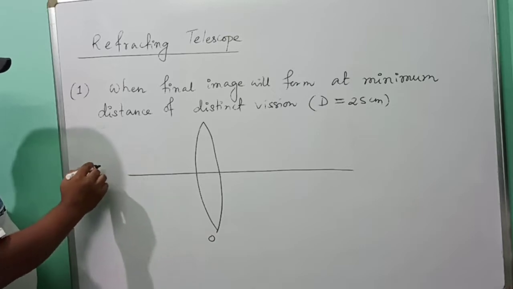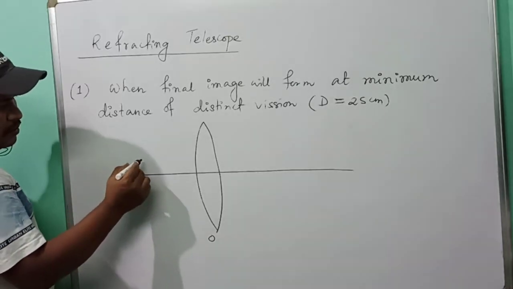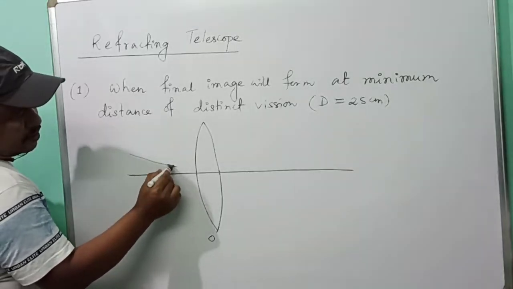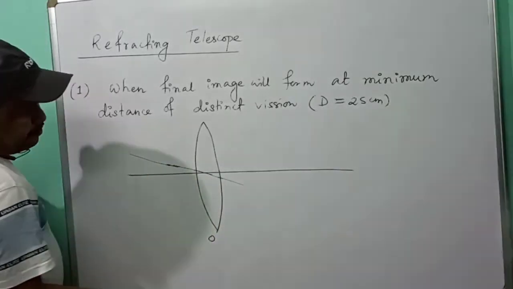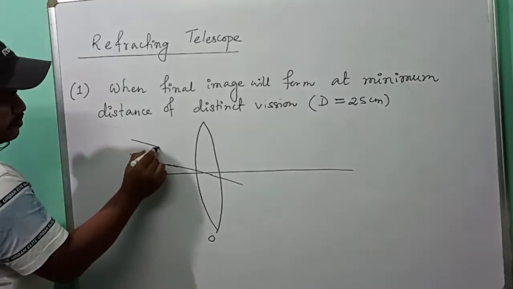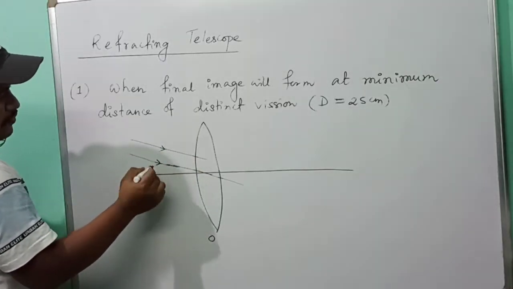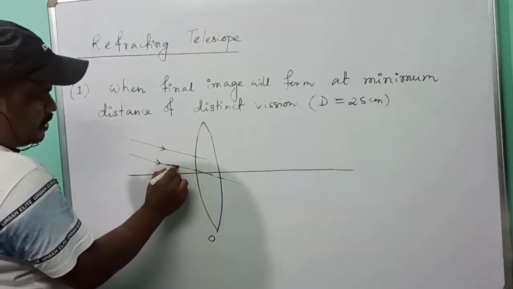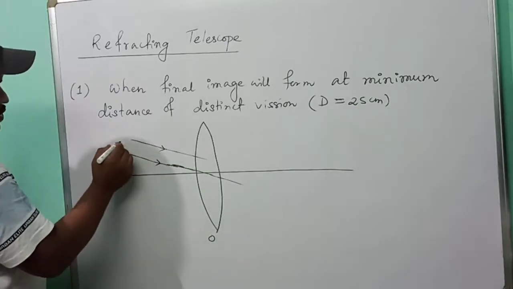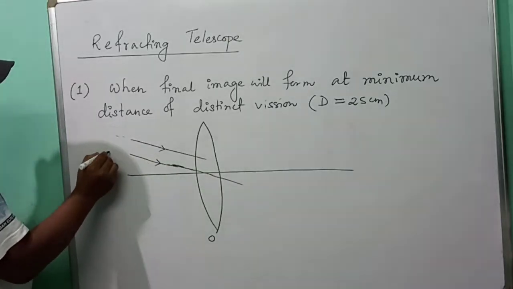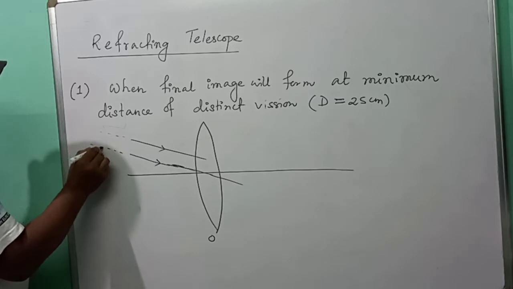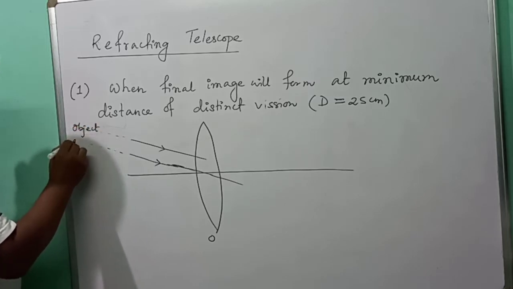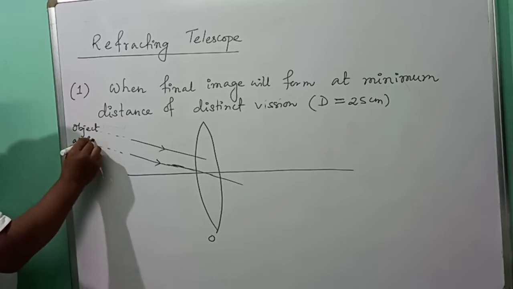So for that object, consider rays of light which form a parallel beam, like this. Here we are considering one incident ray coming from a distant object, at infinity.